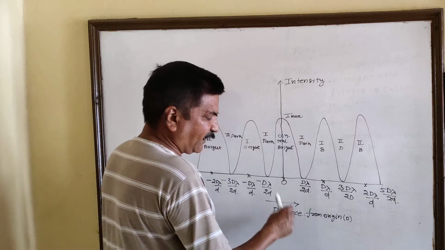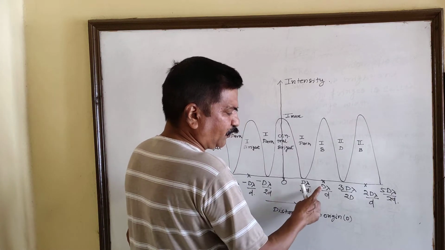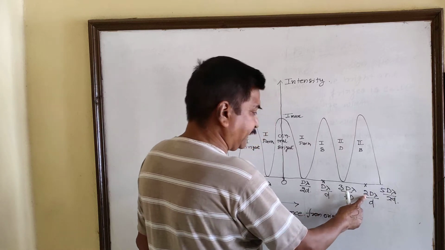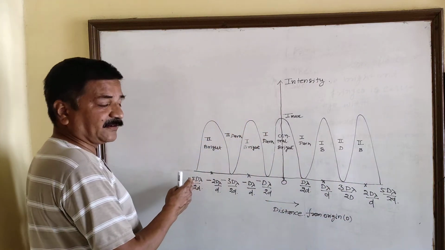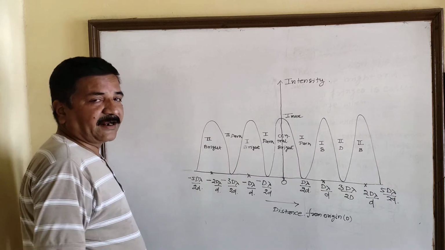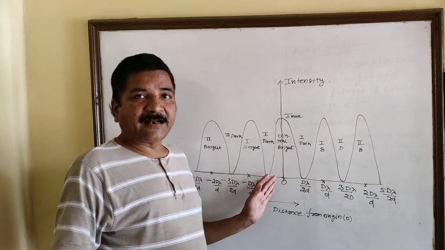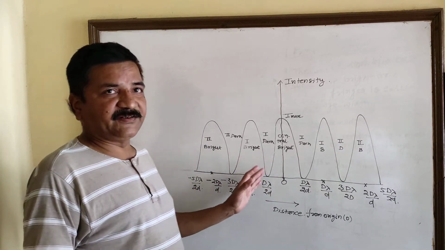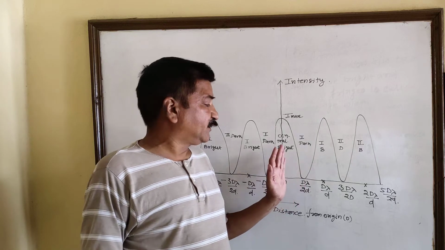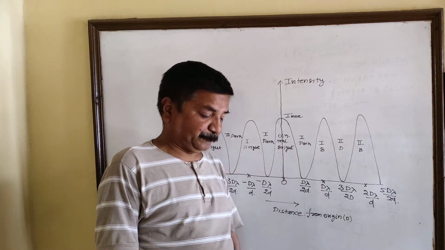Dark spots. And at the integral multiples, that is 0, d lambda by d, 2d lambda by d, on both the positive and negative sides, you will get bright and dark fringes alternately. This indicates that the bright and dark fringes are equally distributed, or they are equi-spaced.